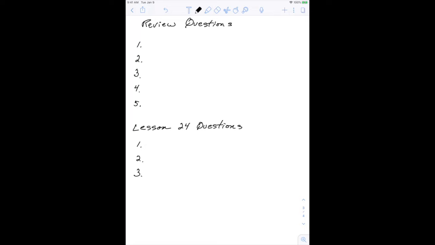Okay, now let's do our review questions. Number 1. What does an E sound like in Latin? Think about what you would put. All right, I would put A as in way. Boy, these are way back review. Number 2, what does an I sound like in Latin?